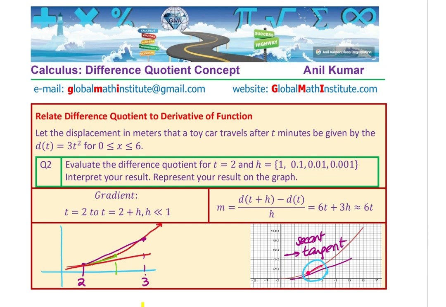Do you see that? So what is happening here is that the secant, which is from A to B, turns out to be a tangent at A as h approaches a very small value. We say h approaches 0. And we call this the slope of tangent.